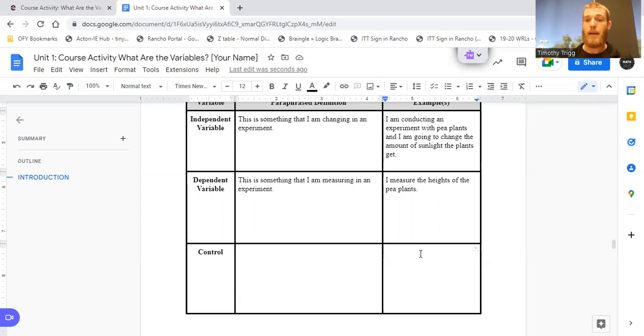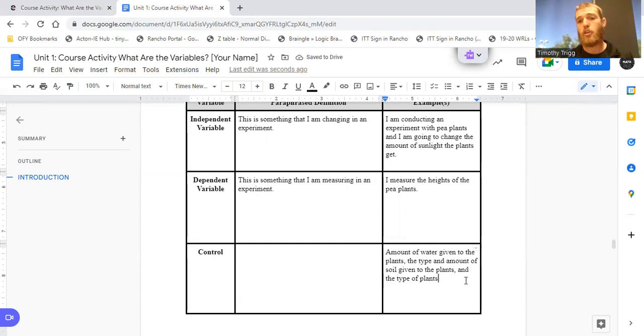In this example, my control variables will be the amount of water given to the plants. What else? The type and amount of soil given to the plants. And of course, the type of plant. All right.